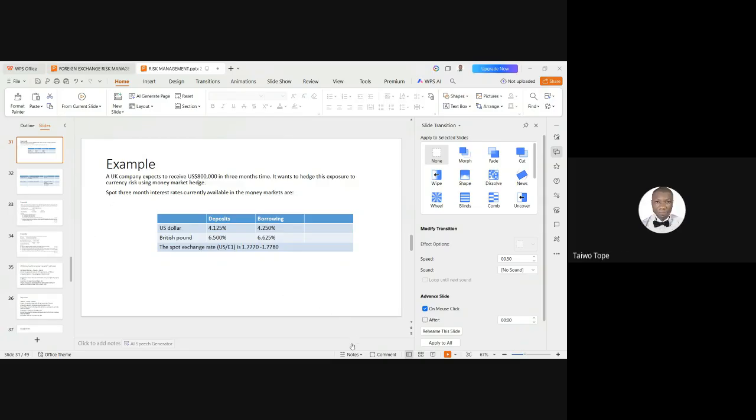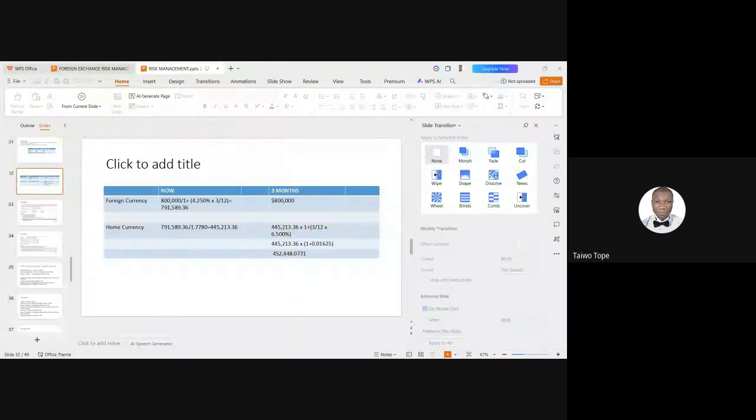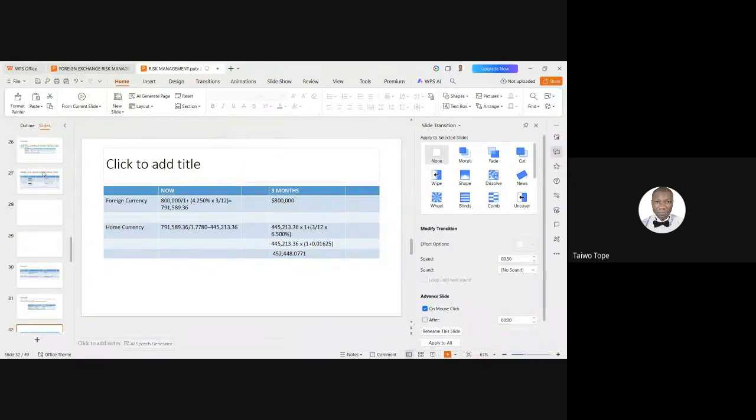So what we're saying is this, ma, that you can hedge using money markets. The essence of hedging is for you to guard against fluctuation, because when the dollar increases, it gains more power over the naira, and you have a transaction to do in the next 3 months, you don't know what can happen. The dollar can appreciate to your own disfavor.